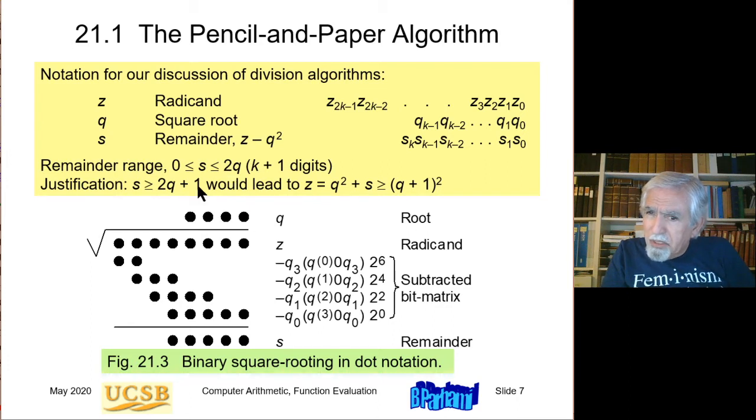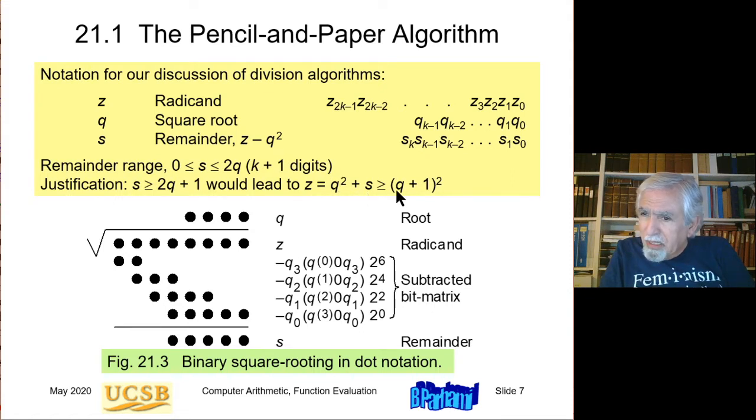Because if it happens to be 2 times q plus 1, even one more than that, then z, which is equal to q squared plus the remainder, will be q plus 1 squared, so q is not the correct square root.